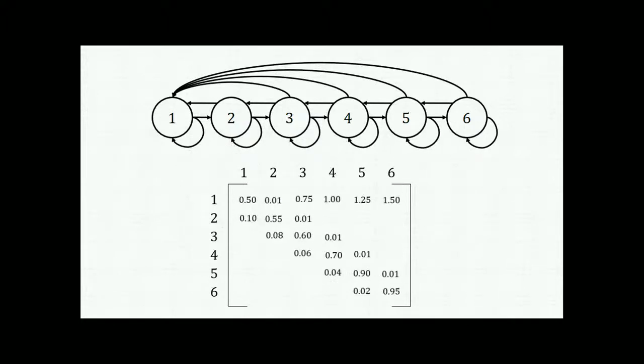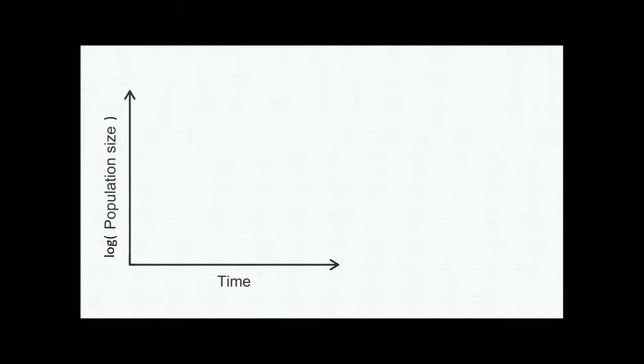Then we have the mathematical models. This is another way of visualizing what the models look like in COMPADRE. If we multiply that by a vector of individuals in different stages, then we get population size over time. And if the population is stable, then that rate of growth will be stable.